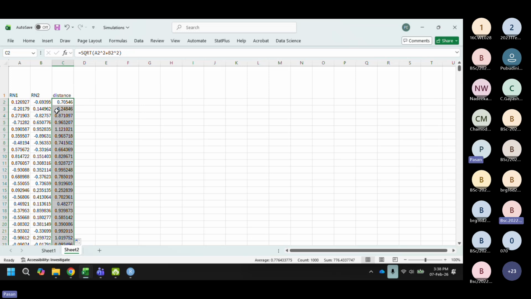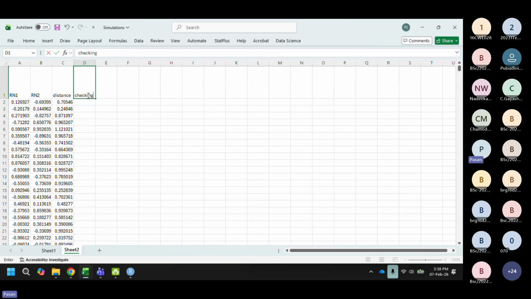Now I have these distances. I can see that some of them are below 1 and some of them are above 1, right? So I can use the if command here and see whether it is inside or outside. So that is the checking that we can have.